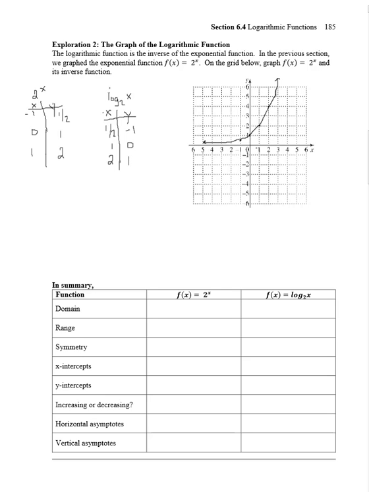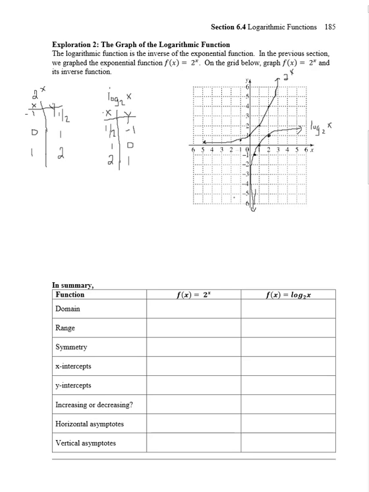So we have 1/2, -1, 1, 0, and 2, 1. So it looks kind of like that. So this one's log base 2 of x, and this one is 2 to the x.